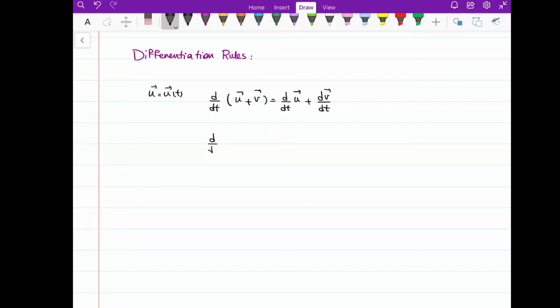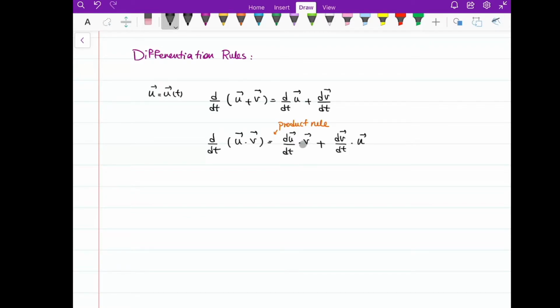Then if I have the dot product of two vector functions u and v, it is like the product rule. It would be the derivative of the first one times the second one plus the derivative of the second one times the first one.